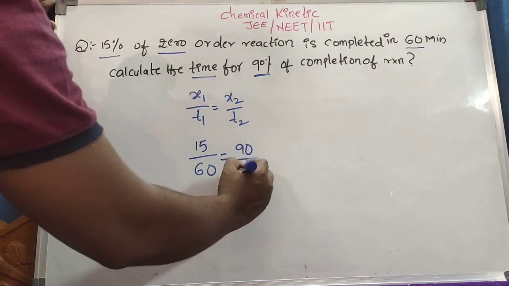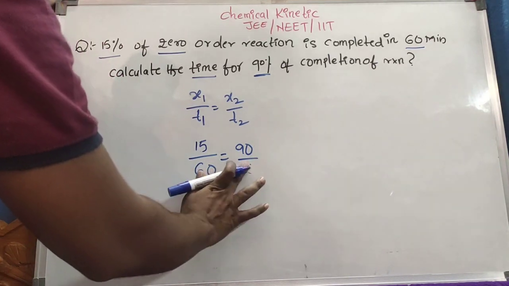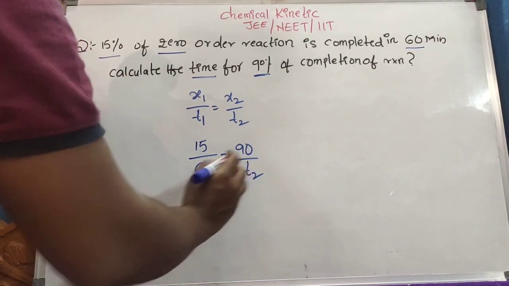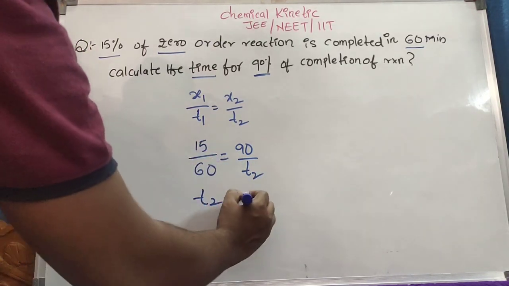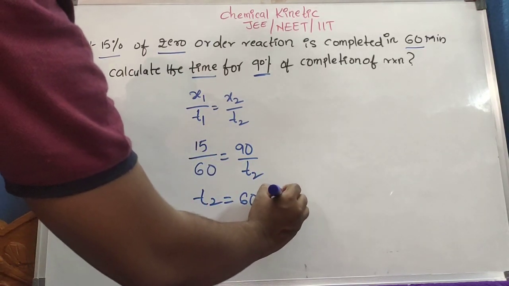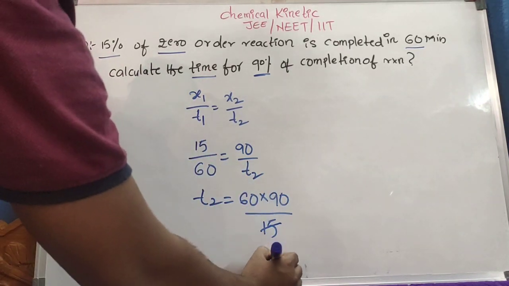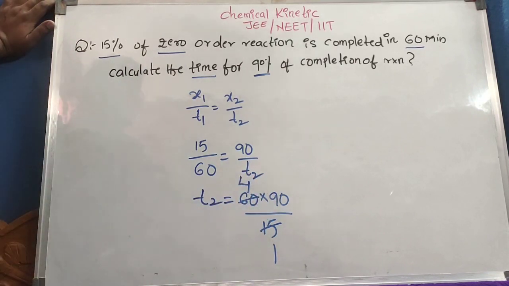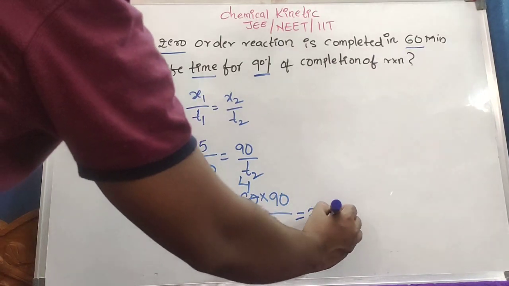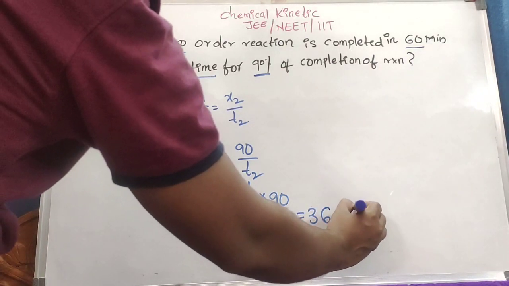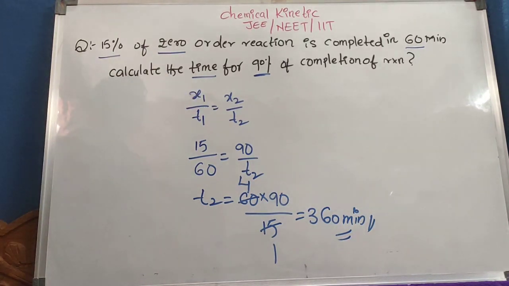Calculate the time, that is t2. So t2 equals 60 into 90 by 15. 15 ones are 15 and 15 sixes are 90, so 9 fours are 36. That means 360 minutes is the right answer. So here t2 equals 360 minutes.